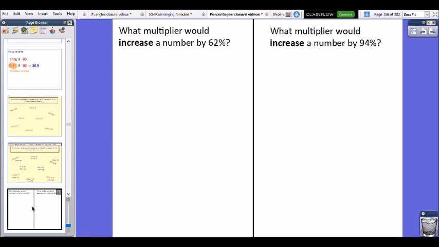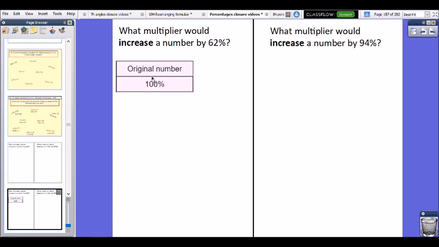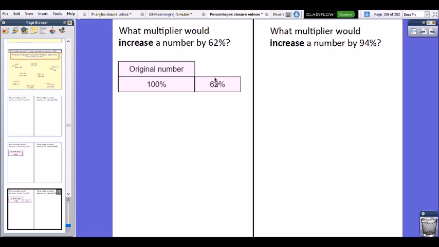Okay, so how else can I use these multipliers? Well, multipliers give you a quick way of increasing a number by a particular percentage. Let's say I was trying to increase a number by 62%. I'm going to draw this problem out so I can visualize it. Let's say my original number is 100%. If I want to increase it by 62%, that means add on 62% to my original number.